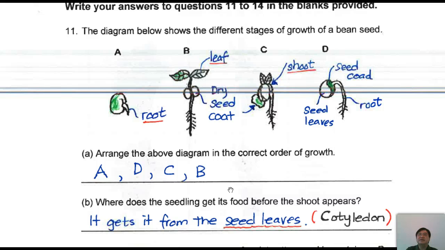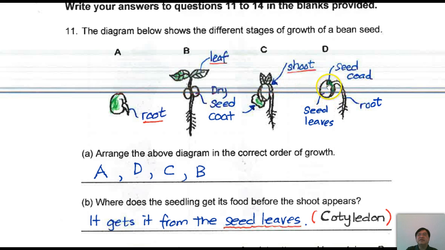Now this is interesting. Take a look, the shoot is right here. Now this is a seed coat, C-O-A-T, sorry, seed coat. Over here the greenish part and the open part could be the seed leaves.